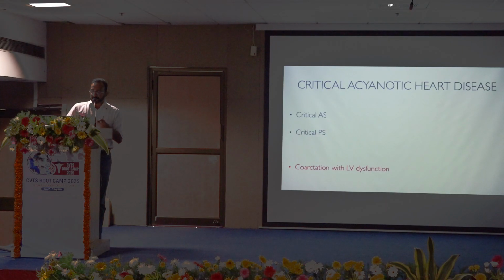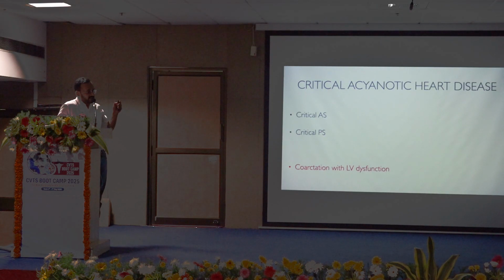Before I step onto the topic proper, it's important to realize that there is also a surgical group of patients in acyanotic heart diseases who have critical heart disease. That means if they come to you, you have to treat them immediately. That's coarctation with LV dysfunction.